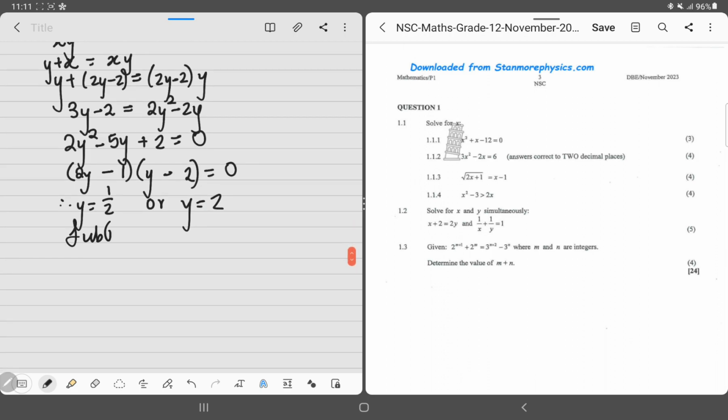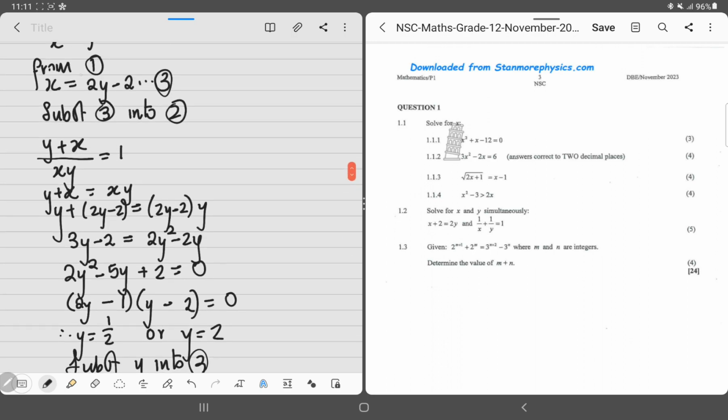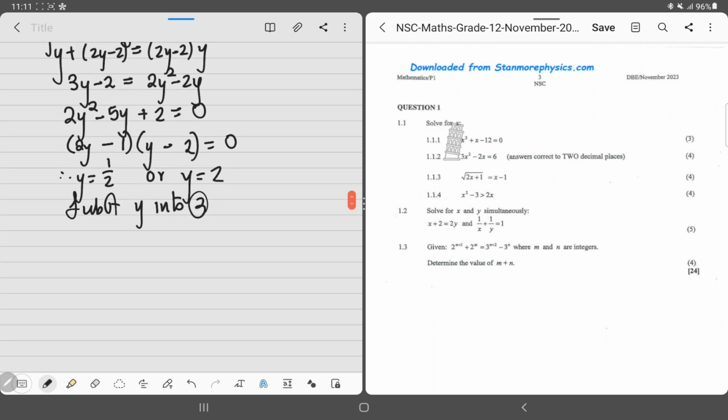Then now you're going to substitute y into 3. You remember your 3 was that x should be equal to 2y minus 2. So we're going to substitute. So x should be equal to 2 into 1 over 2 minus 2.